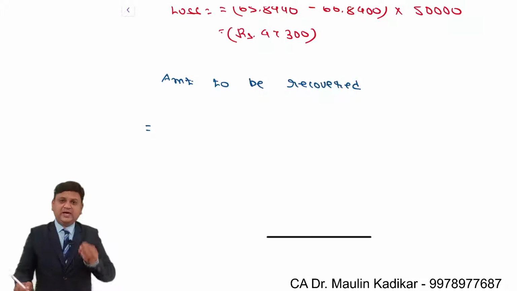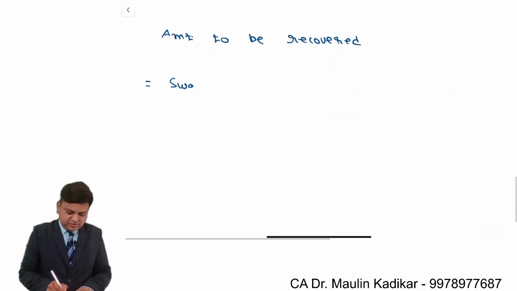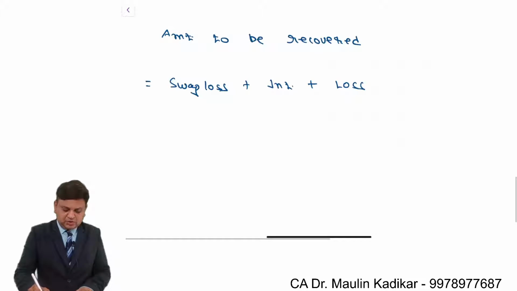See, I have not asked him why you have come today. I am not asking him. Without asking him anything, this calculation is to be done. The first is the swap loss plus interest plus loss on cancellation.